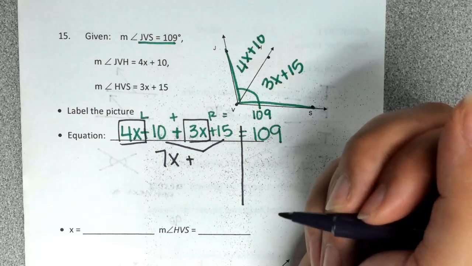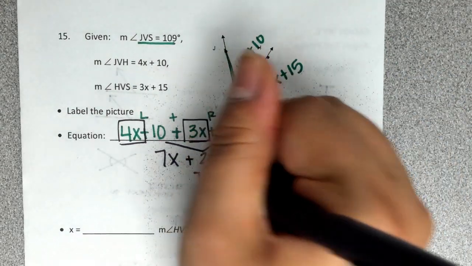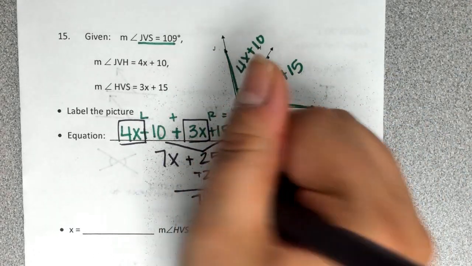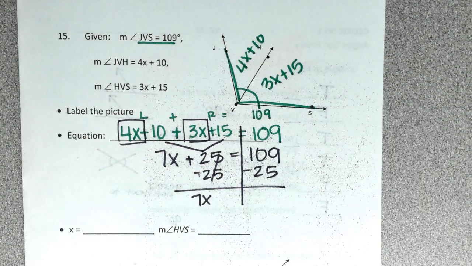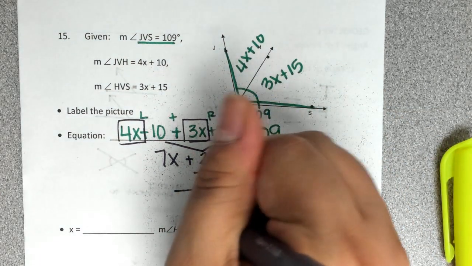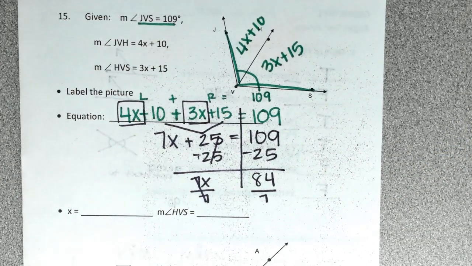And then you are just going to solve. Get rid of your side chick. What's 109 minus 25? 84. And divide. Does anybody know what 84 divided by 7 is off the top of their head? 12.